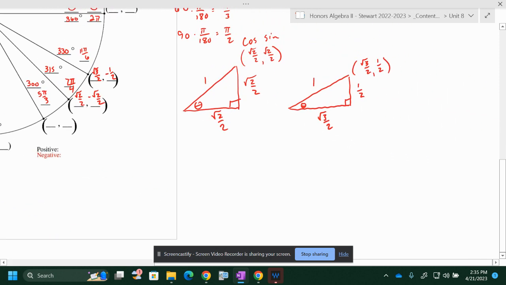And then 60. 60 is literally the same thing. This is going to be 1/2, square root 3 over 2, except they're just going to switch places.